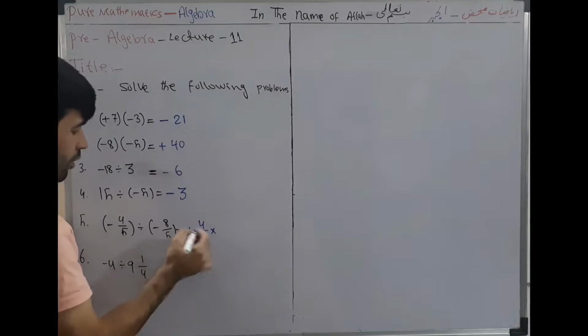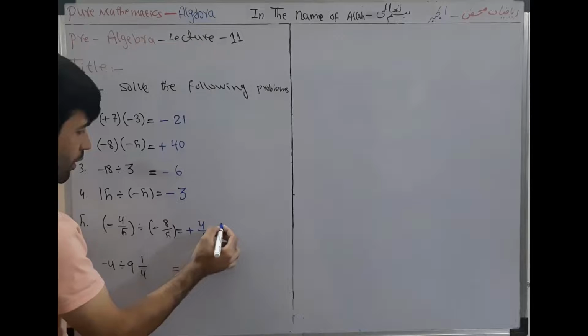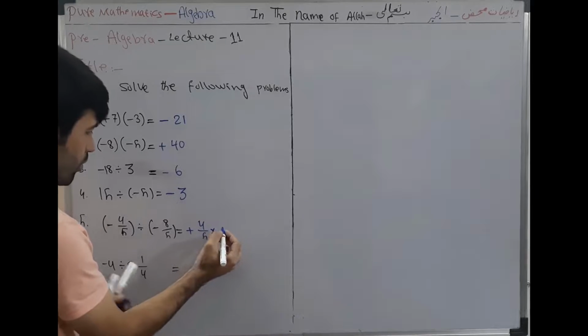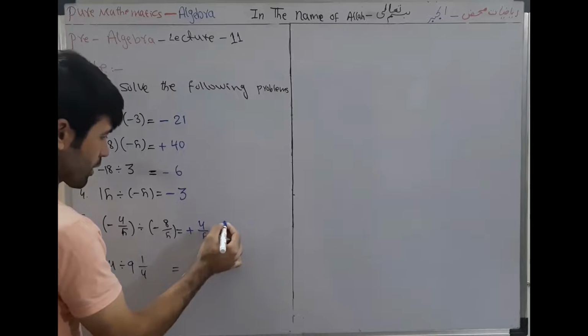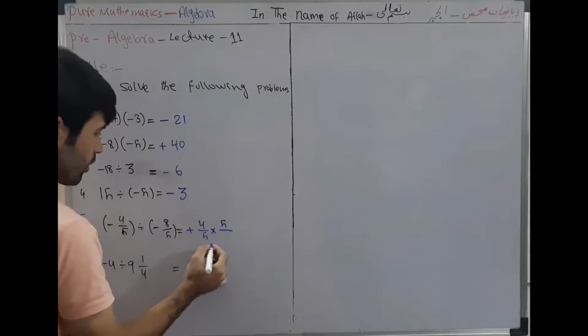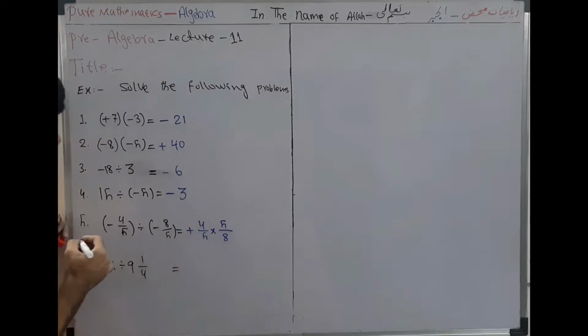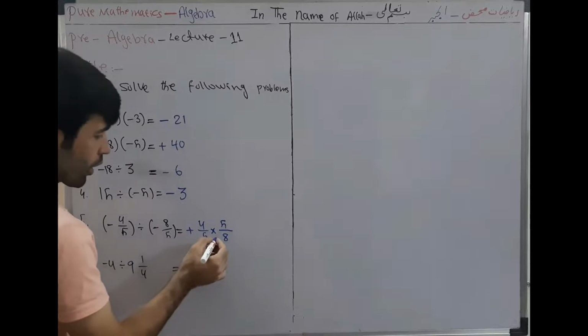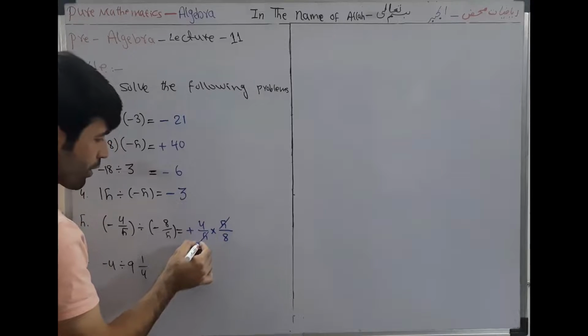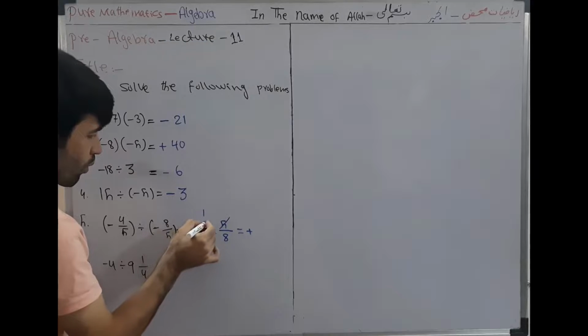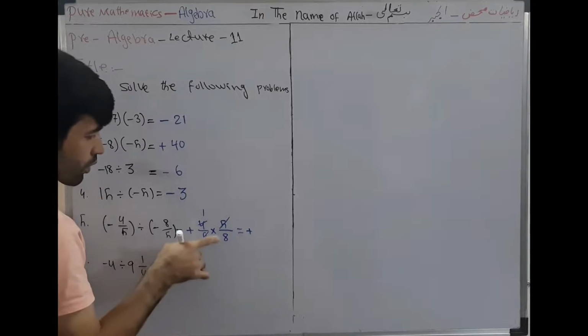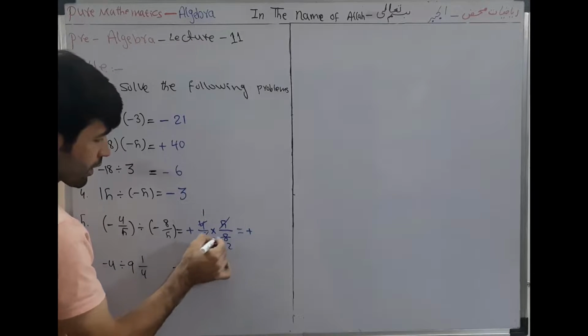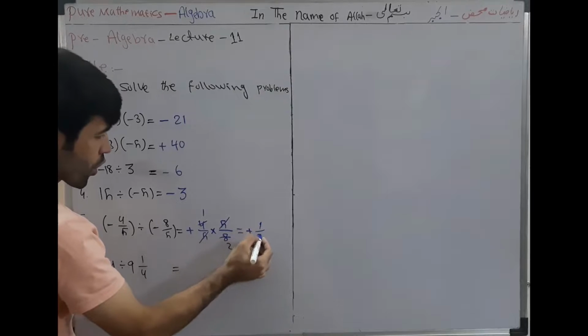The next fraction will be changed to its inverse, 5 by 8. Here 5 by 5 cancel, it is equal to positive. 4 by 8 cancel, it is equal to 1 by 2.